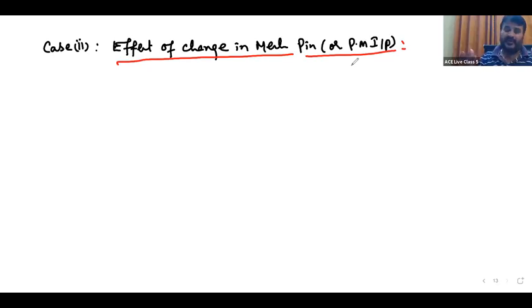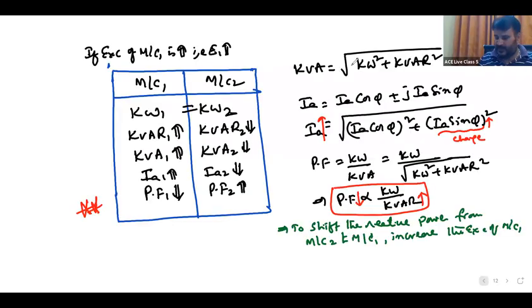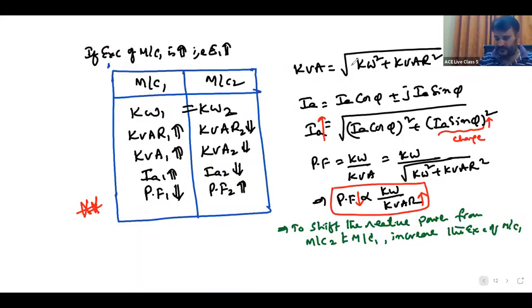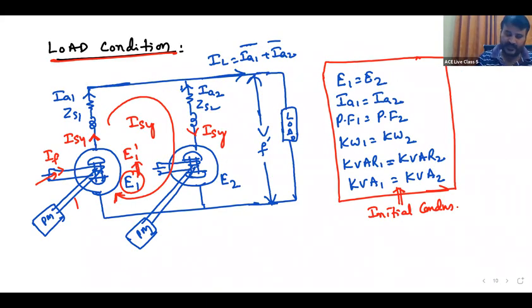Now when mechanical power input is increased, see under this heading, students. When mechanical power input of first machine is increased, then also synchronizing power will come into picture. But this time the synchronizing power will be active power.